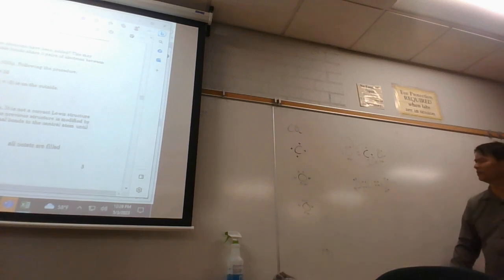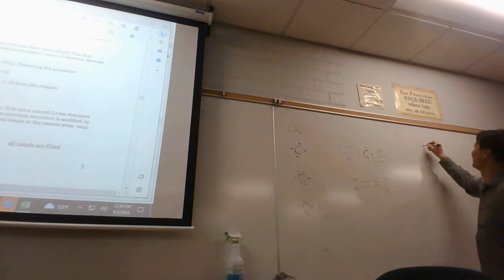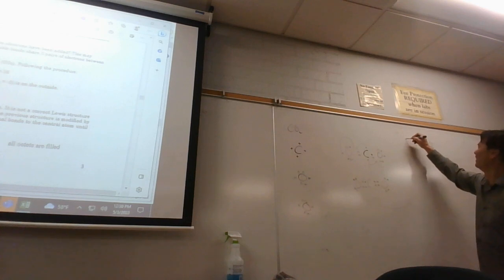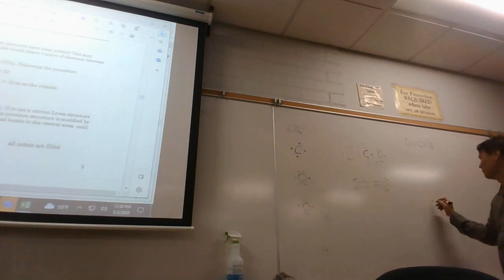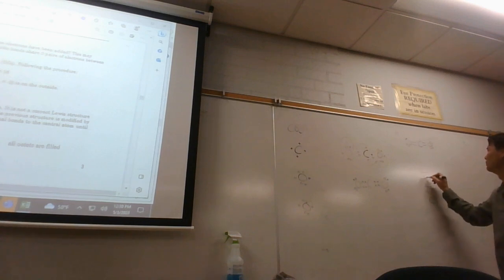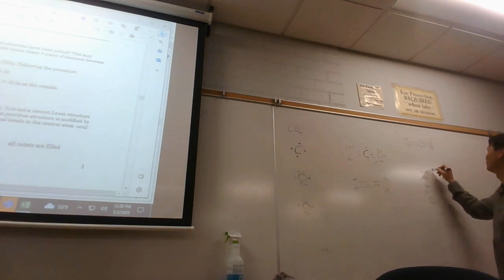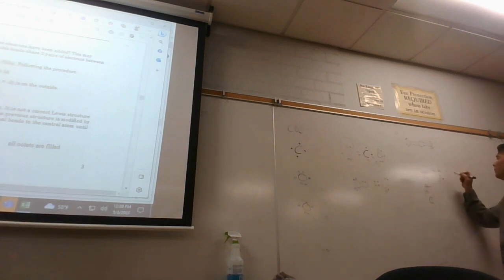There are different ways we can do this. So we end up with a Lewis structure that looks like this. So this is going to be modified. Now, what we did earlier was we looked at carbon, and carbon was 1s2, 2s2, 2p2, like so.